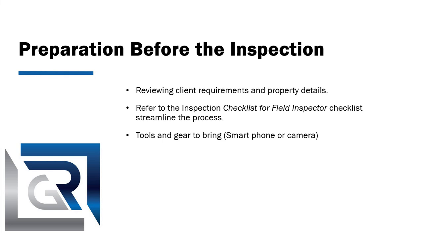Before you go out to any inspections, you must get a verbal authorization, or text information, to make sure that, yes, I am clear to go to this location. But even before that, you've got to know your requirements. You've got to know what's expected. Like I said, every inspection is not the same. It might be different.